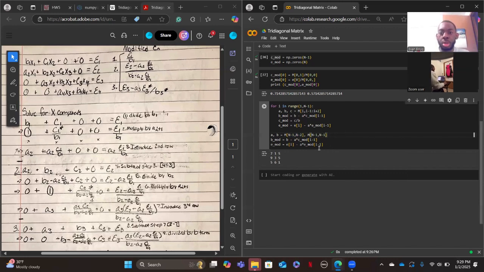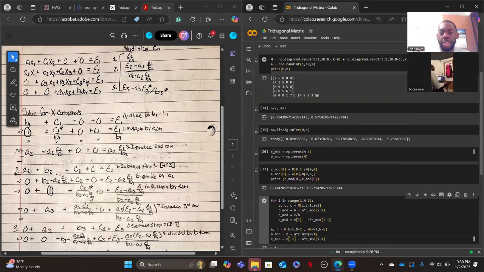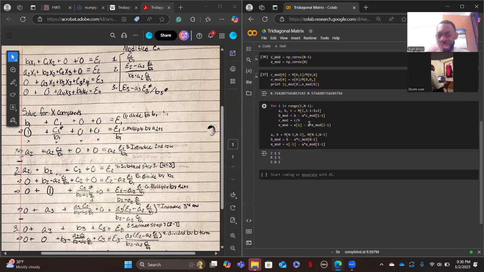And then for our B mod, it stays the same. This just stays n, and this is pulling the C mod for our last. Yeah, that should be correct. And then this should just be the last value for our E, pulling the last value, so our 8 from the E that we have from our original.